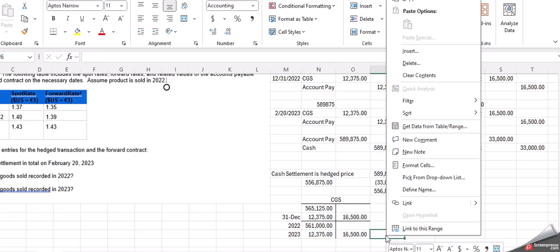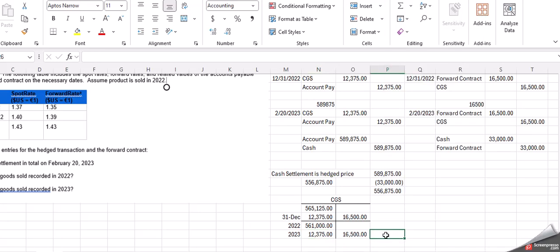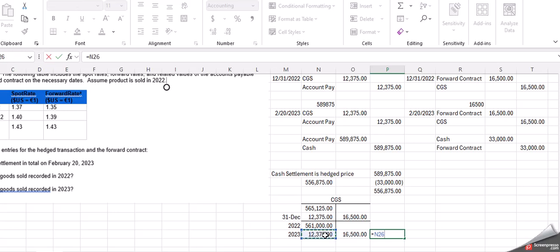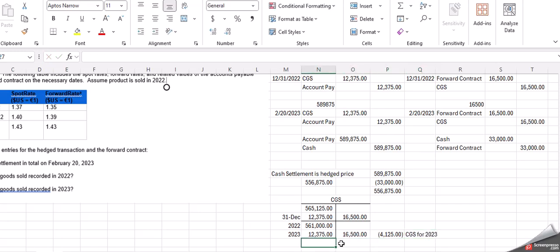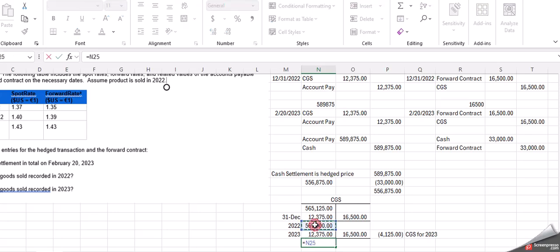So then if I sum these, my debit less my credit, that's my net cost of goods sold for 2023. And then my total cost of goods sold, when I get to the end after the whole contract is done and over and everything's paid for, is going to be the 2022 amount plus the adjustment in 2023 minus the adjustment for that forward contract.